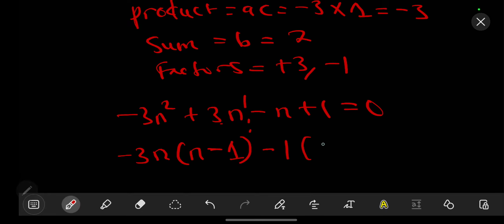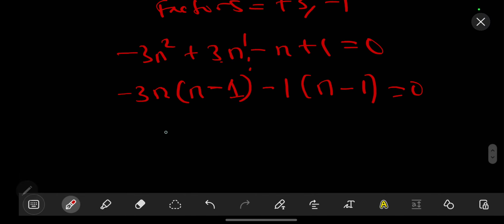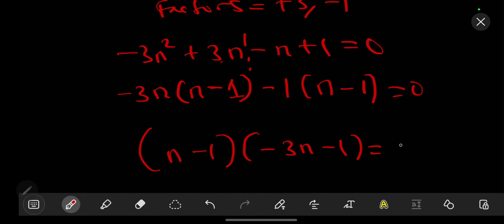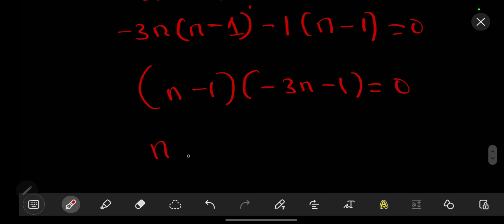Then we have open brackets, n will be positive since we take out the negative, then this one will be negative, like that, should be equal to 0. So in one bracket it will be n minus 1, in another one it will be 3n minus 1, which should be equal to 0. So either n minus 1 is equal to 0 or negative 3n minus 1 is equal to 0.